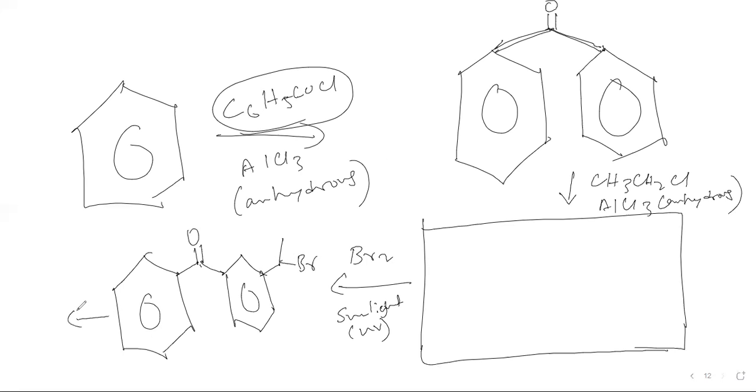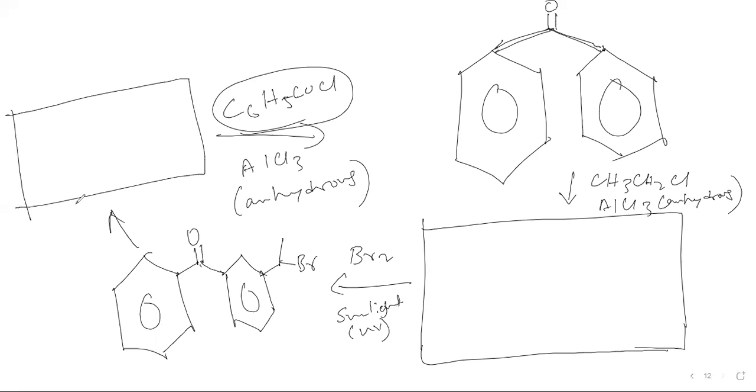And after this, when we add KCN, I don't have any more space. Let me erase this portion. I hope you have the first diagram as well, the first starting position. From here, they're saying you'd get something when you add KCN in ethanol.